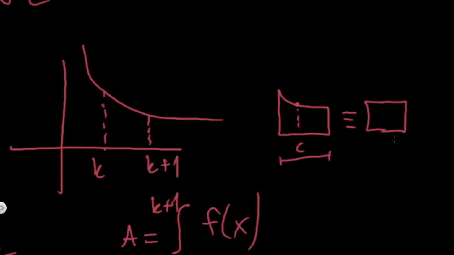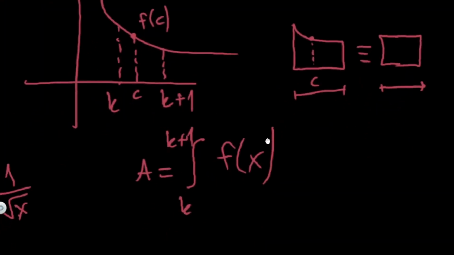Here it was 1, so this is also 1. These areas are gonna be the same, okay? We always have such c between this k and k plus 1. Let's say it's here, and this height is fc.